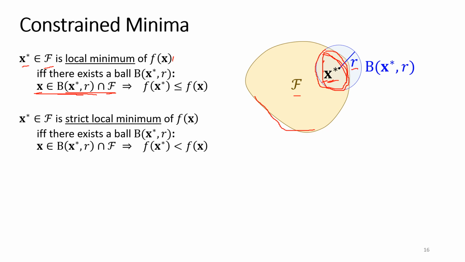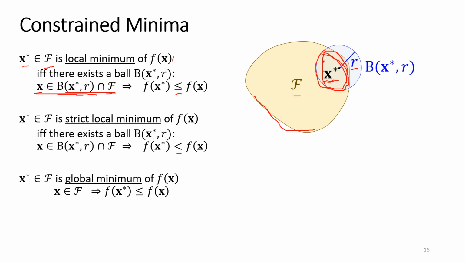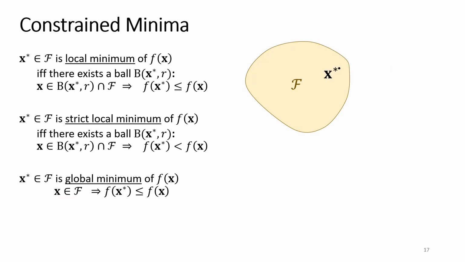X star is a strict local minimum if the same conditions hold, except that less than or equal to is replaced with a strict less than condition. And x star is a global minimum if we don't have to define a ball, but everywhere in the feasible region we must have f of x star less than or equal to f of x.